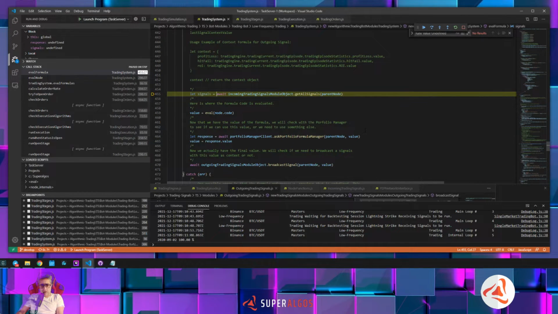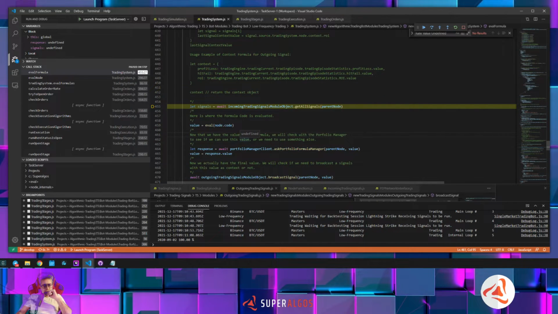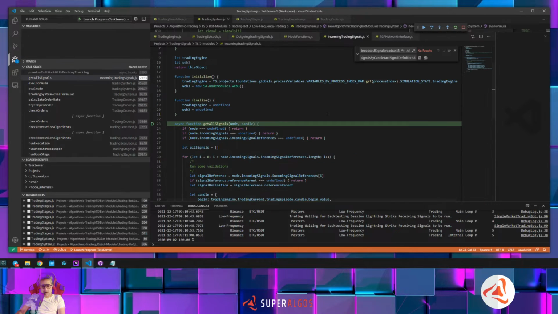This goes well. So get all signals, it returns undefined. The parent node is undefined, so there is a problem here. Because when we are evaluating formulas, we need to send which is the parent node.